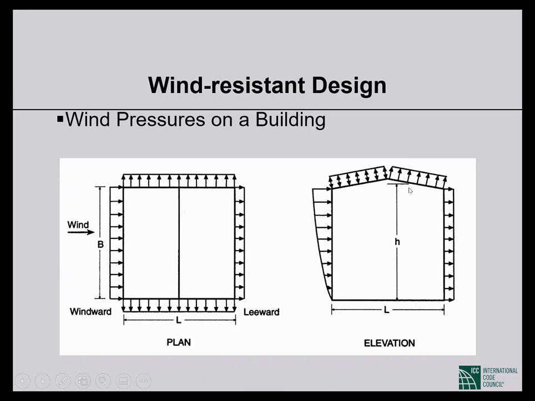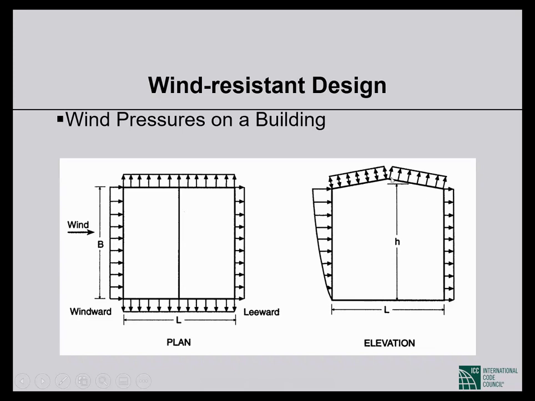The mean roof height is taken as the height to the point halfway between the eave and the ridge. So you go halfway from the eave to the ridge, and the height to the halfway point is the mean roof height. So on the windward face, we consider wind pressure varying with height. On the leeward face, it's a constant suction evaluated at the mean roof height level.